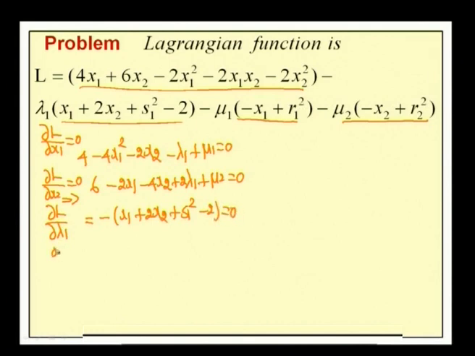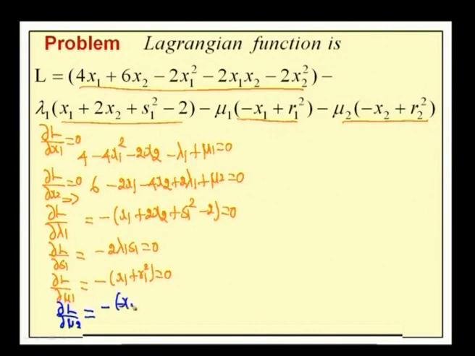Now, the partial derivative of L with respect to s1 gives minus 2 lambda1 s1 equal to 0. The partial derivative of L with respect to mu1 gives minus of x1 plus r1 squared equal to 0. The partial derivative of L with respect to mu2 gives minus of x2 plus r2 squared equal to 0.